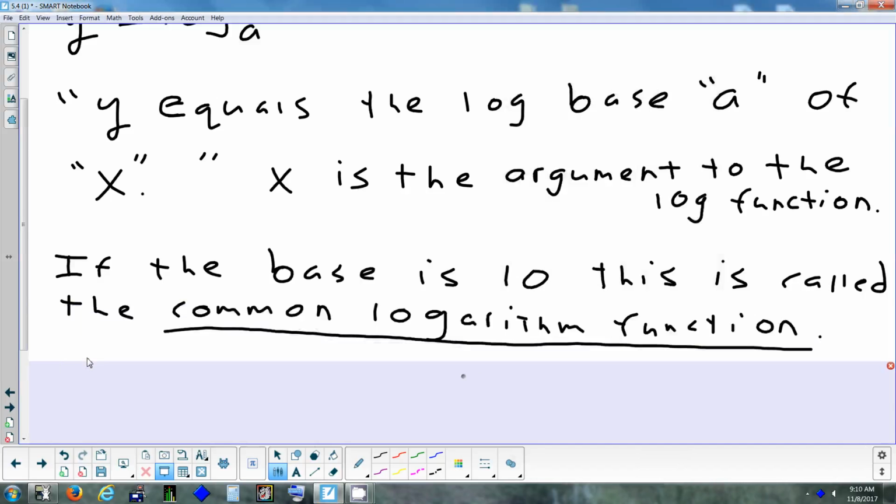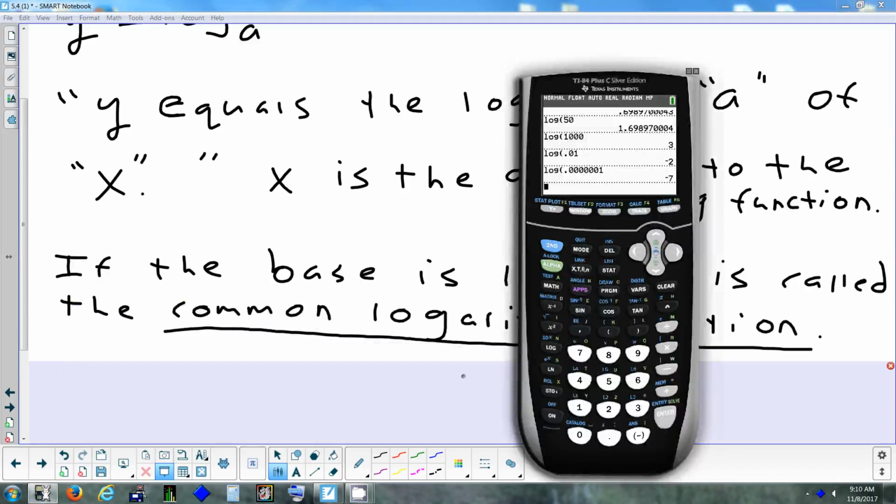Okay, the base can be any positive number. You can't have a negative base in a log. If you do, it's going to be imaginary. Same thing with the argument. If you try to take the log of a negative number, it's going to come out imaginary. It's a non-real answer.